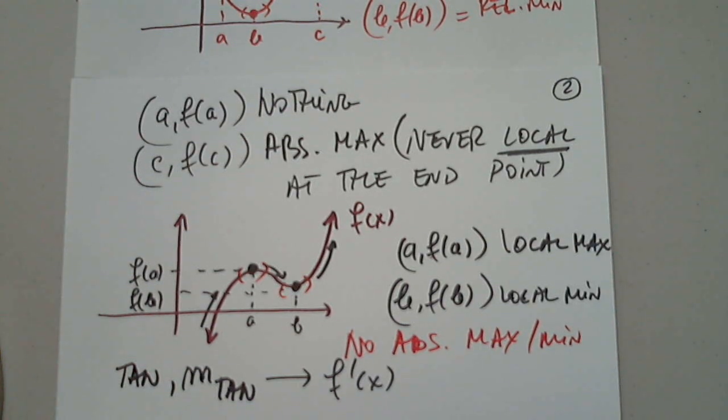And before you say anything, remember, as long as I can show the open interval, if the function exists on both sides, which it does, and if I can show that on both sides, the function values are smaller than this value, that will be a local max.